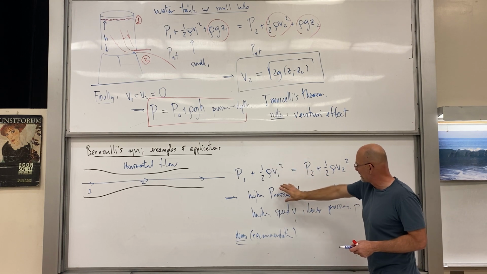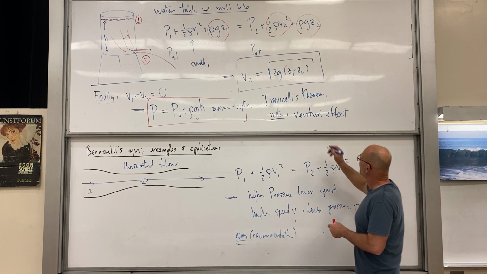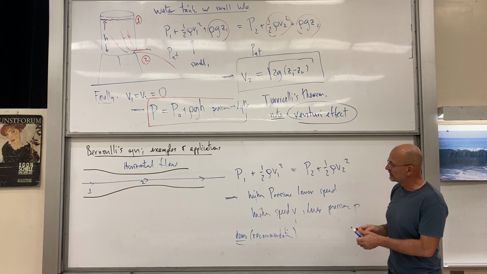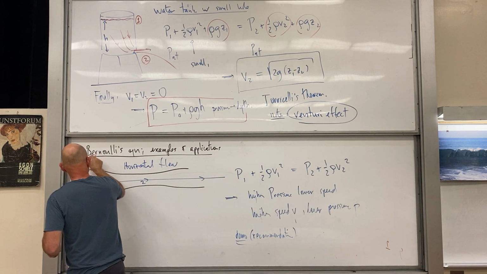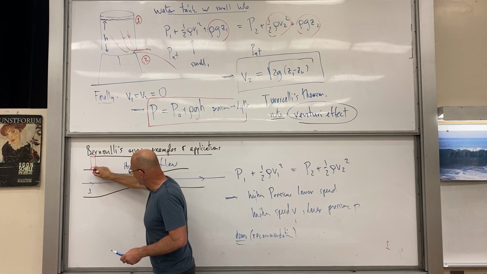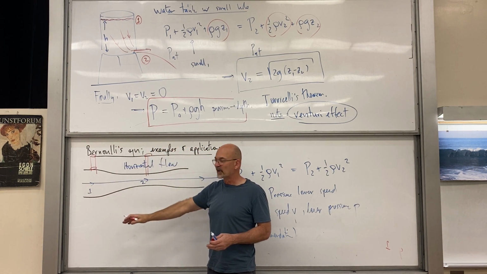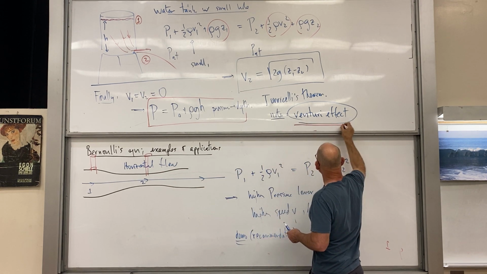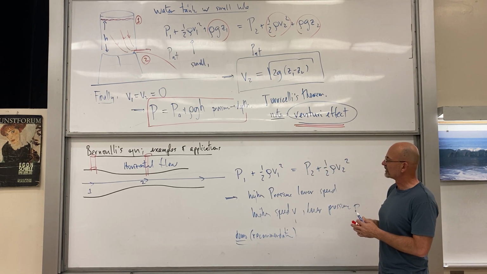Higher pressure, lower speed; higher speed, lower pressure. So it's also a method of measuring pressures. If you had a column of fluid here, connected to this pipe here, the column would be higher here and lower here. It would be a direct way of measuring the pressure. So yeah, you should put this in your notes, Venturi effect, Venturi meter, and maybe look that up as well. That's another application.